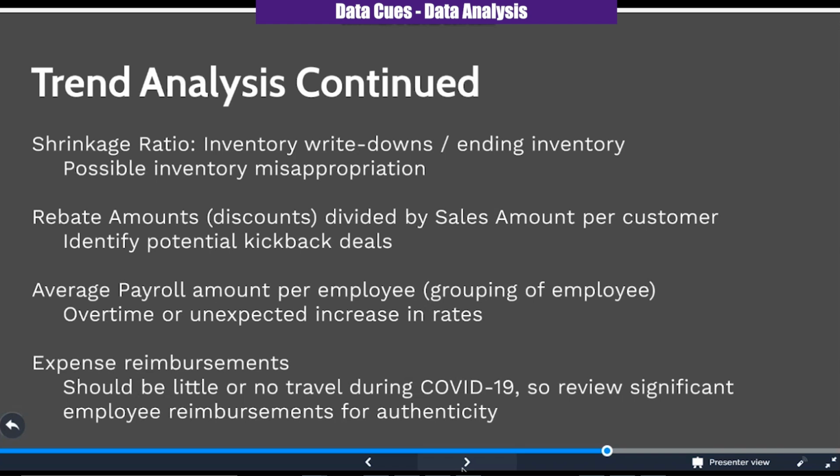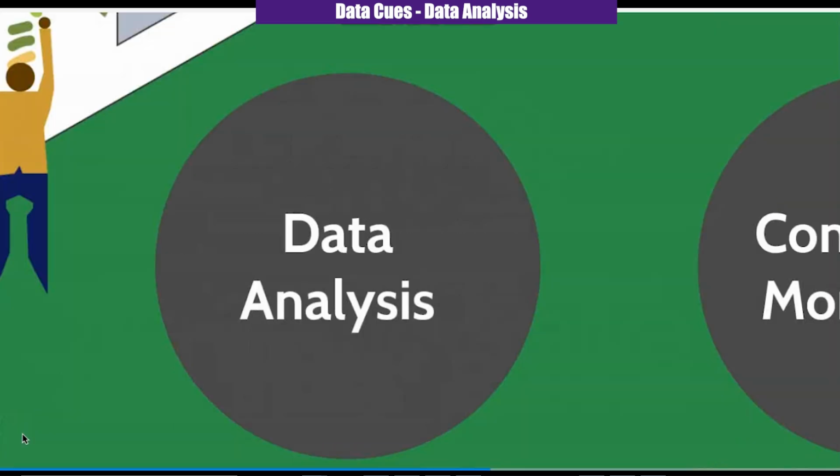What's the average payroll per employee pre-crisis, post, during crisis? So look for any unexpected rolls there. And finally, again, expense reimbursements should be little or no travel during COVID-19. So review those and then make sure any employee reimbursements of significant amounts or over thresholds are authenticated.